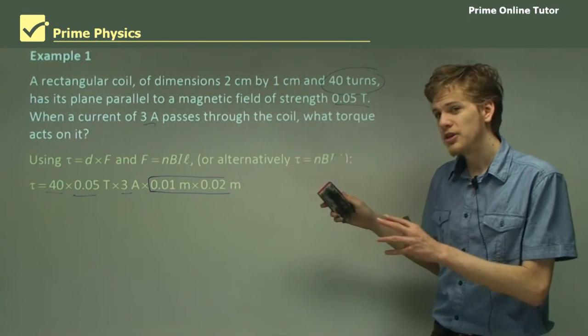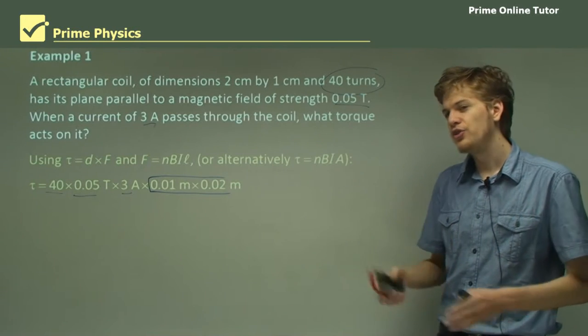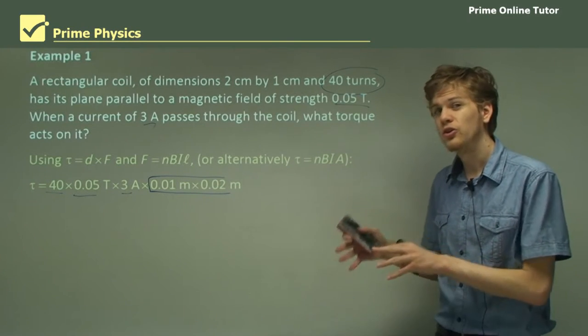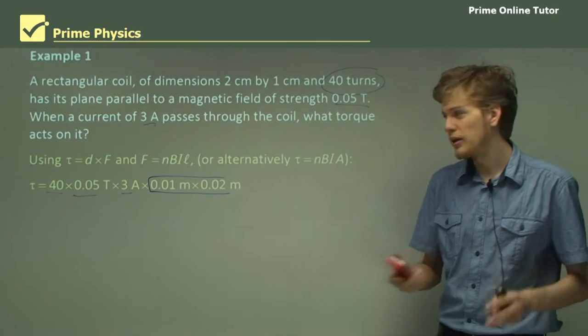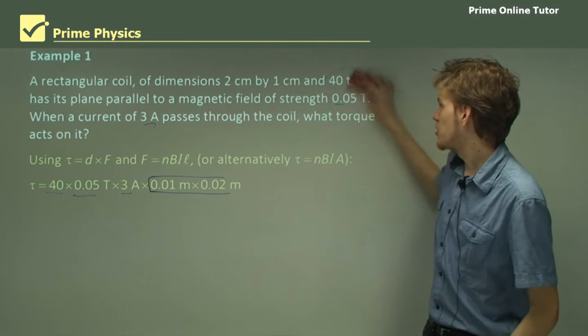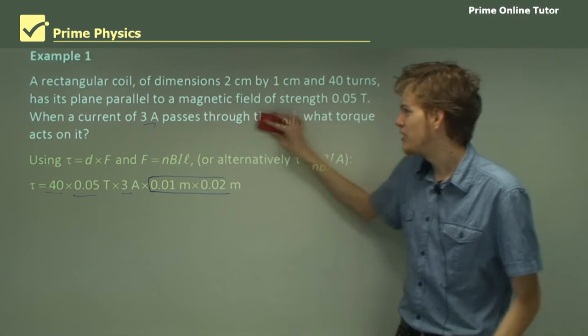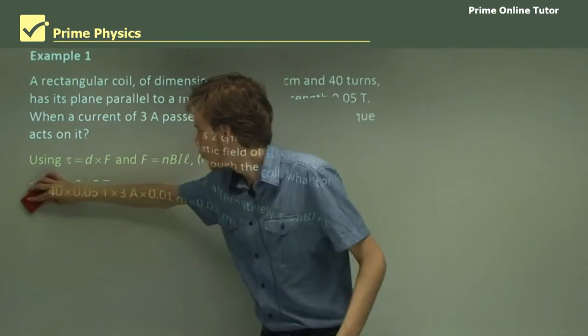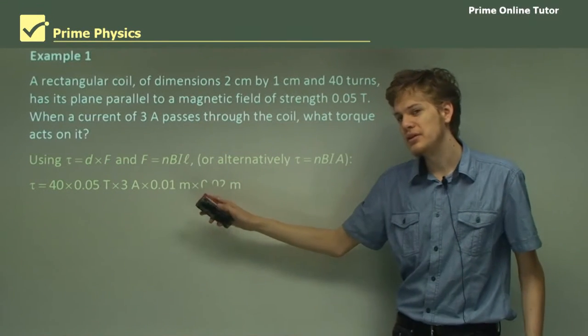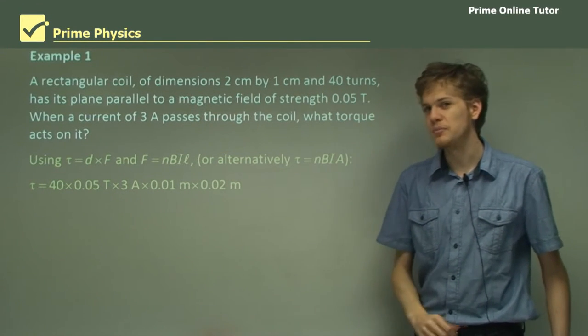If you take 100 centimeters, you get a meter, so you need 100 times 100 centimeters squared to get a meter squared. 100 times 100 is, of course, 10,000, and not 100. So always make sure you're measuring in square meters, not square centimeters.